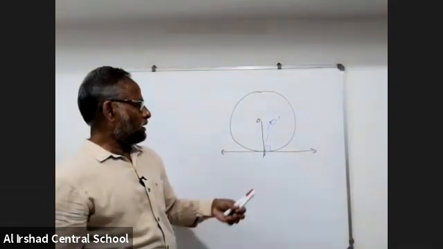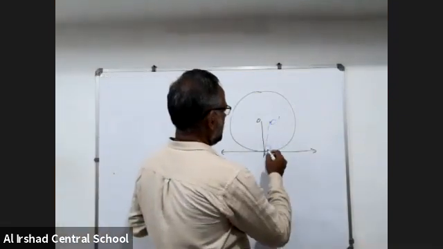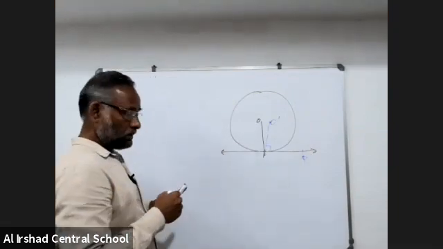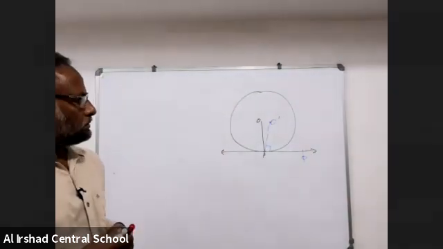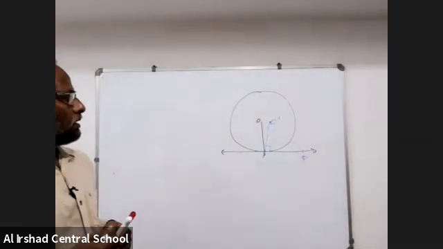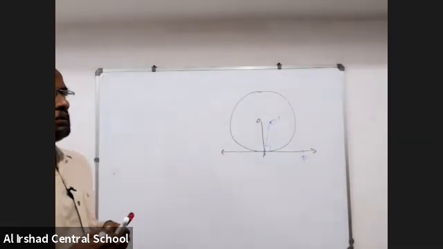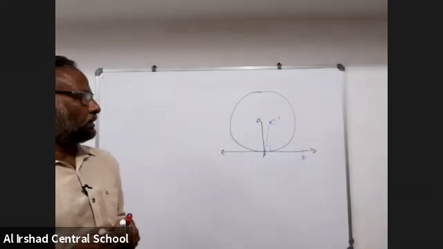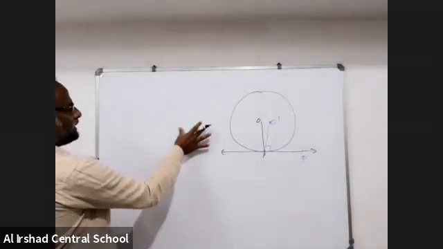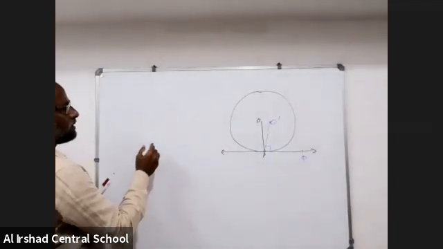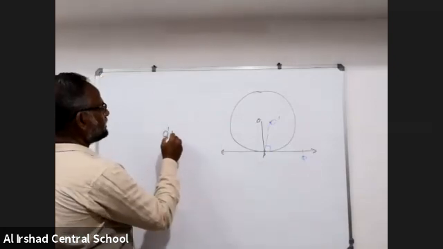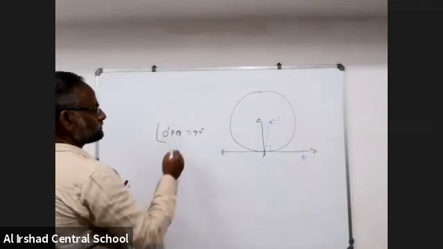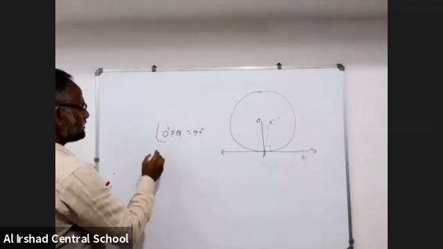Suppose OPQ, PQ is the tangent. Look at the figure now. Angle O dash PQ, you are telling it is perpendicular, it is 90 degree. But in the figure, it is quite interesting, I can say. Angle O dash PQ is equal to 90 degree. Can you see there?